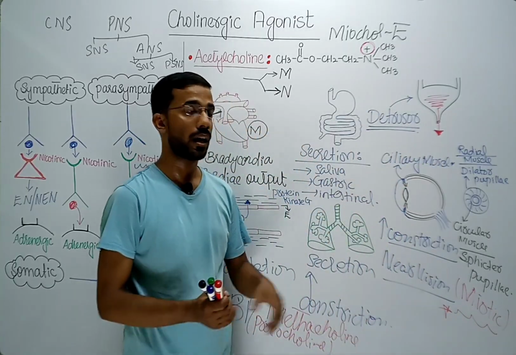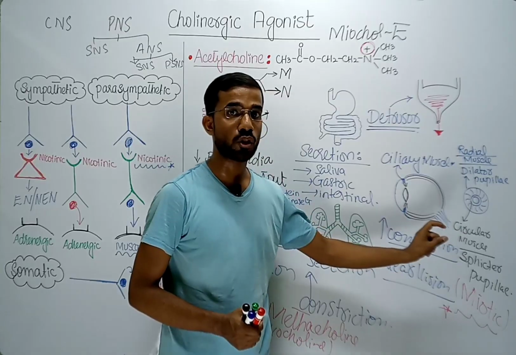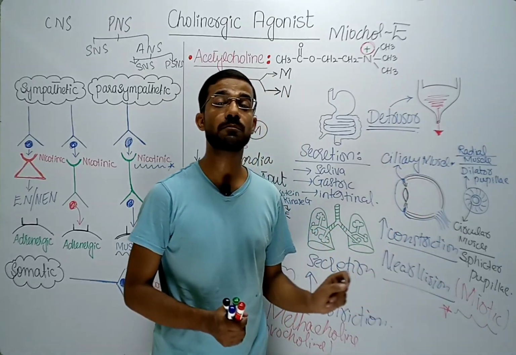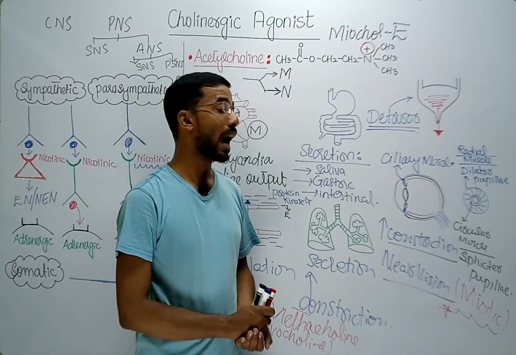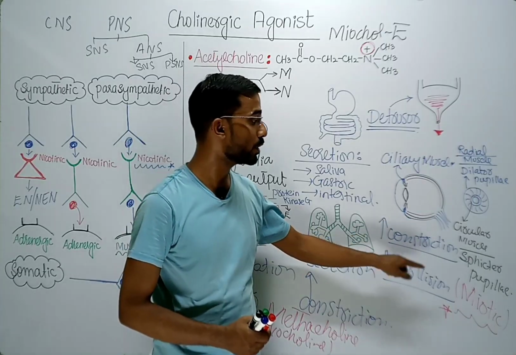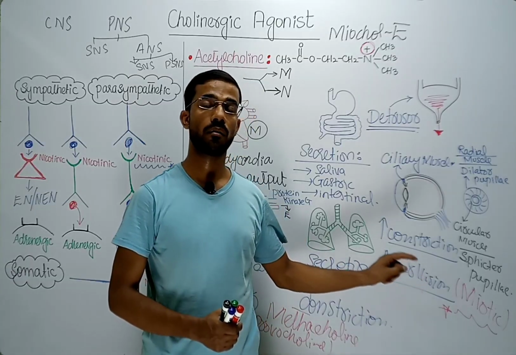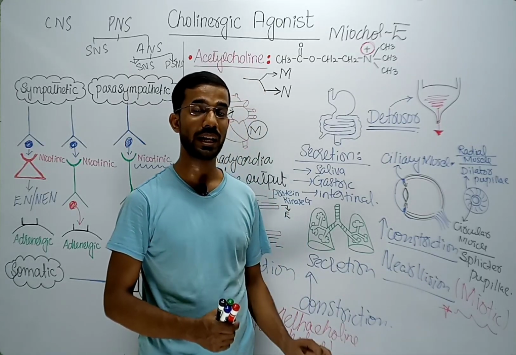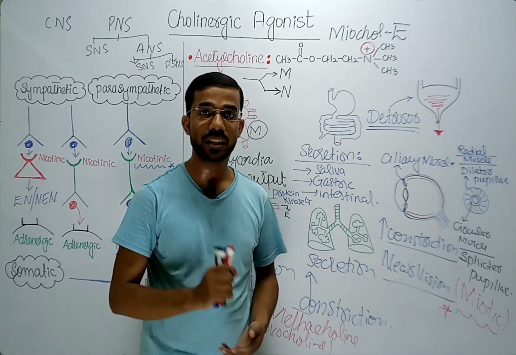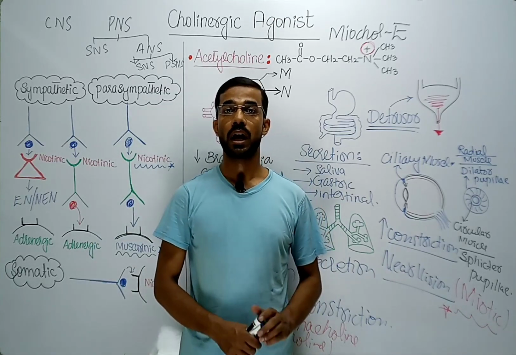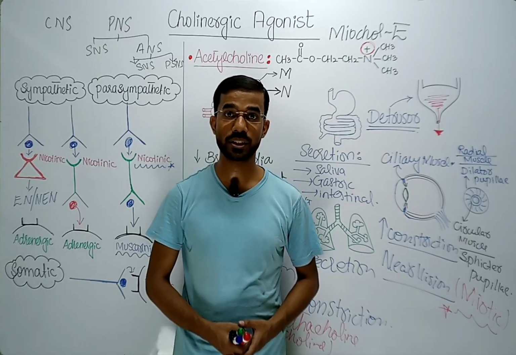That is the decrease in the size of the pupil, and it is mostly used in eye surgery. Drops are actually available, and we use them before eye surgery. So that is the important effect on the pupil, that is miosis, the reduction in the size of the pupil. So this is all about acetylcholine, which is a cholinergic drug.